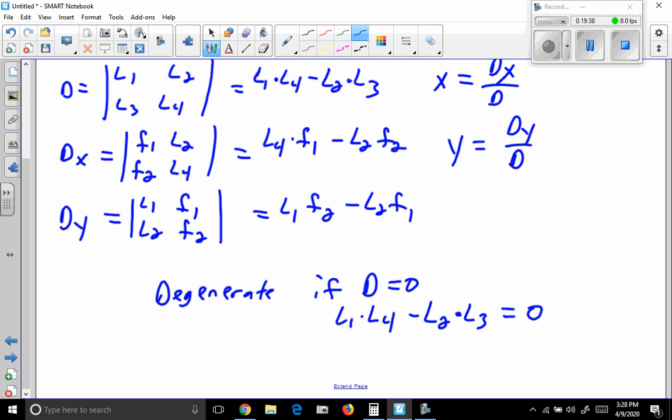So it could be that there's no solution, or it could be that we have a solution with a vast number of arbitrary constants.